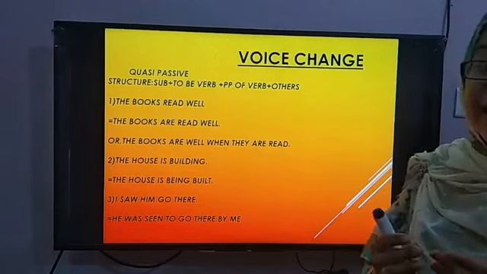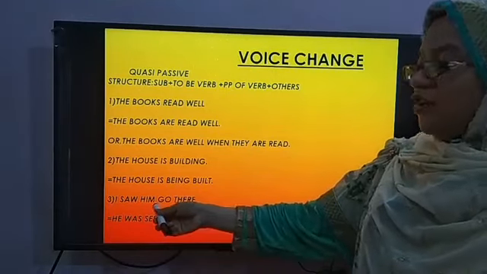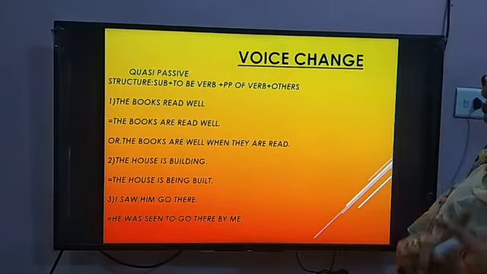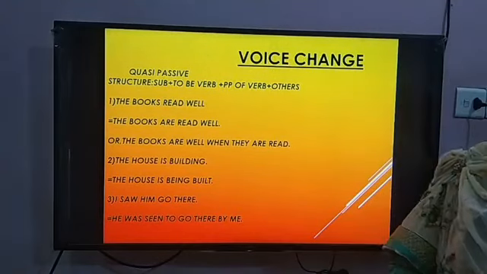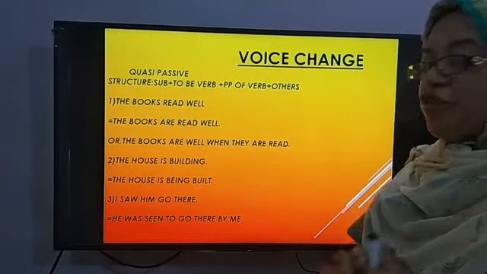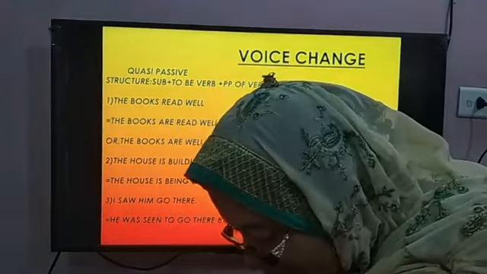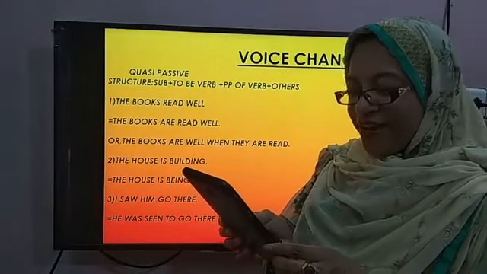He was seen to go there. Here I use to, but in the active there is no to. He was seen to go there by I becoming me. He was seen to go there by me.